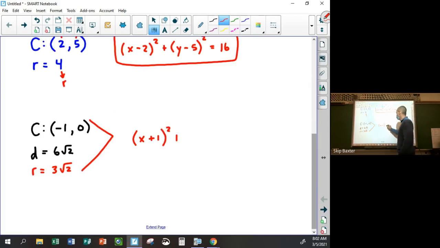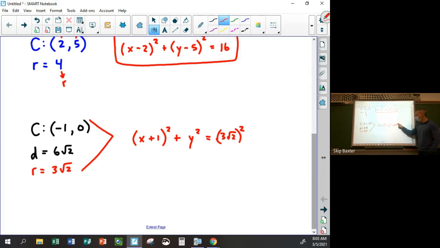plus, what's the next thing in the equation going to be? If this y coordinate is 0, what's... Yeah, but you don't even need to write that. It's just going to be y squared. It's like y minus 0 squared, but you don't need to write the y minus 0 part. You can just write y squared equals, and then this is going to be (3 radical 2) squared, but if I wanted to simplify that, remember you have to square the 3 and square radical 2.